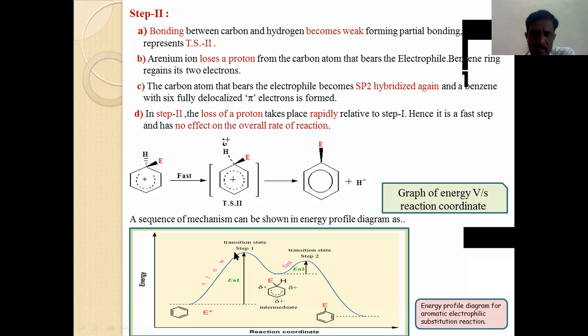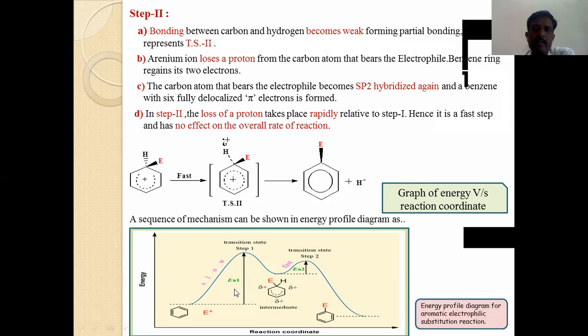In the first step, I have shown how transition state 1 was there, and the difference between the energy from this position to this position is called the energy of activation. It is the maximum amount of energy required to convert reactant molecules into the transition state. That maximum amount of energy is called the energy of activation.